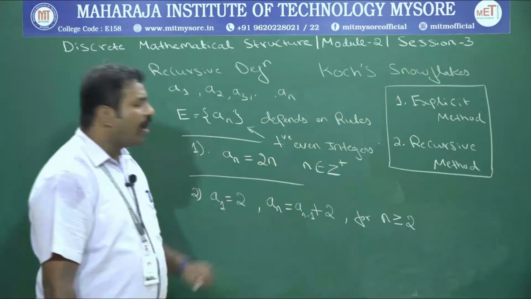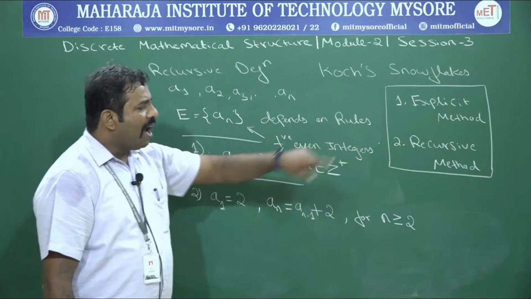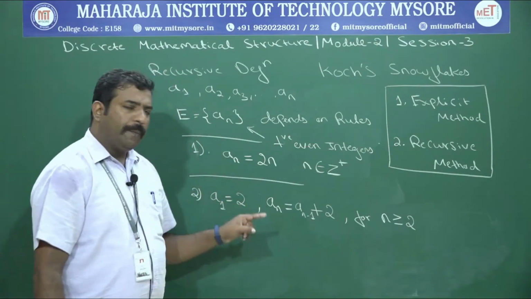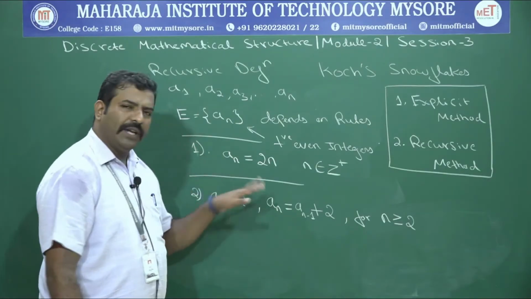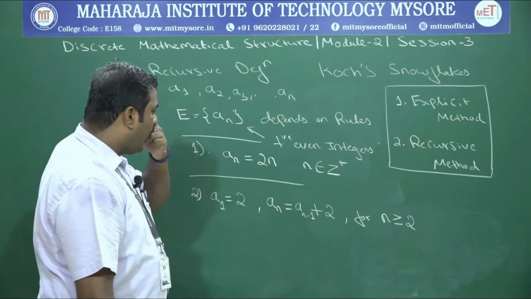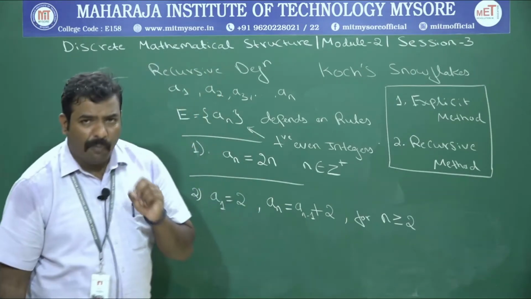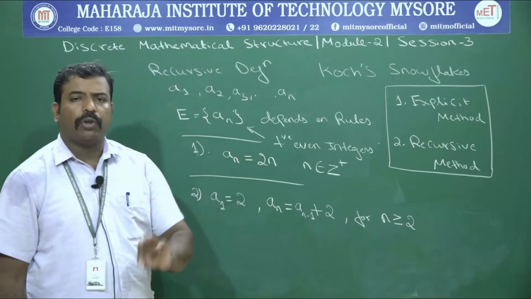Fine. So this is how we are going to present a general form using an explicit method and using a recursive method. In the explicit method, I am putting it in an explicit way. But whenever you're going to talk about a recursive method, what you want to watch out for is to decide what you're doing now.